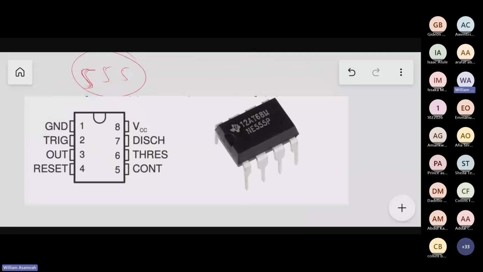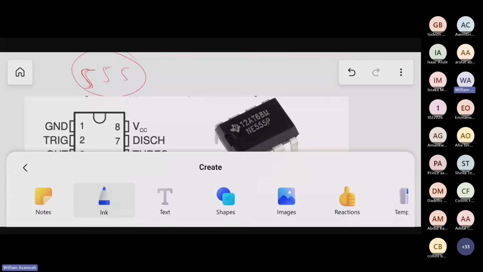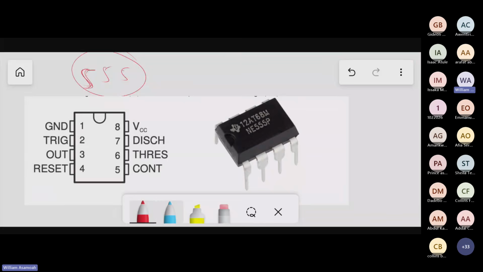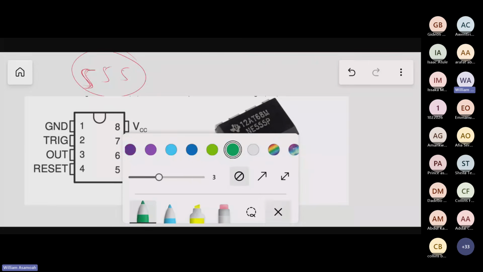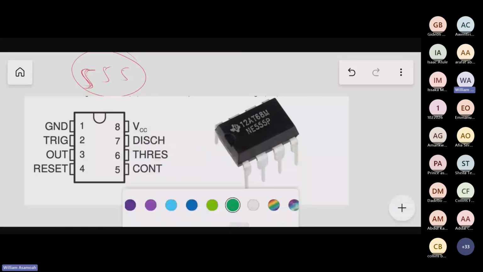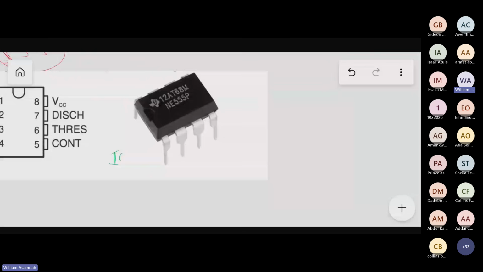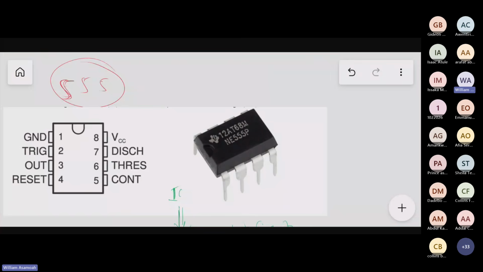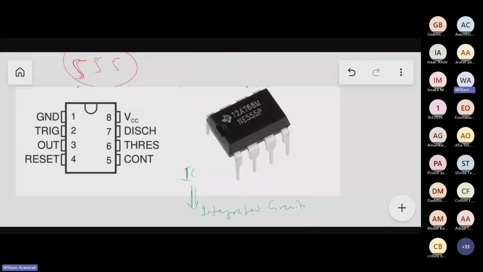It has 8 pins. As a trick, anytime you are using an IC, integrated circuit, look out for the notch here.